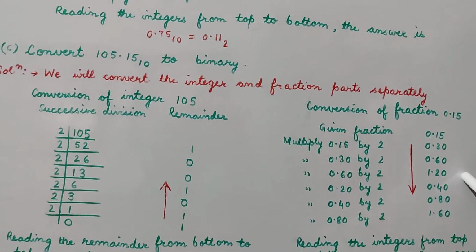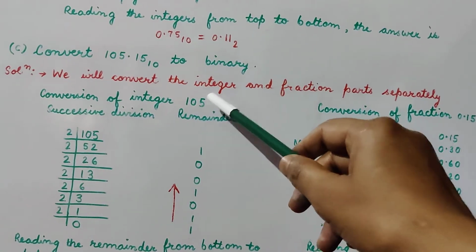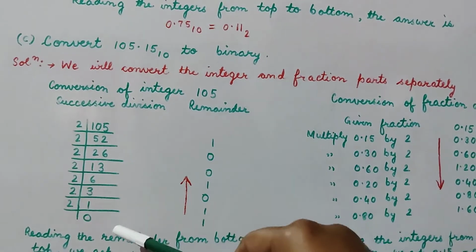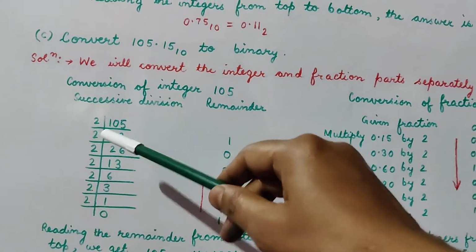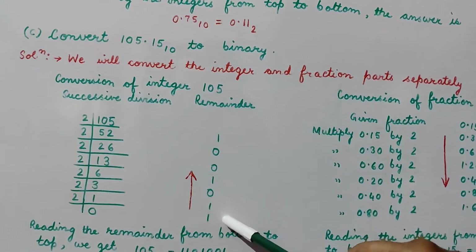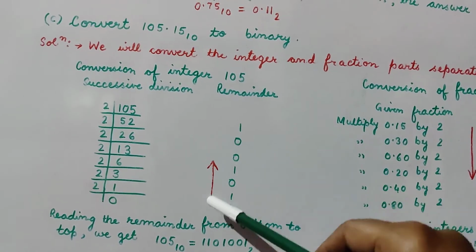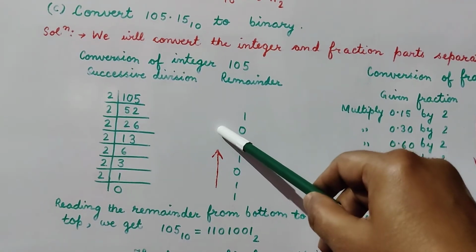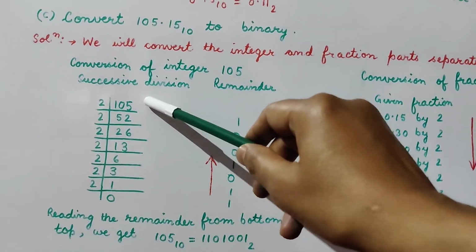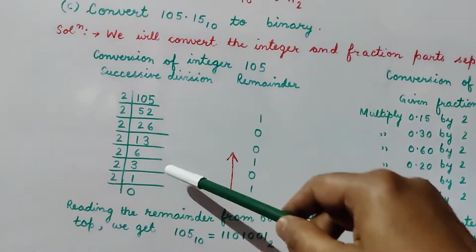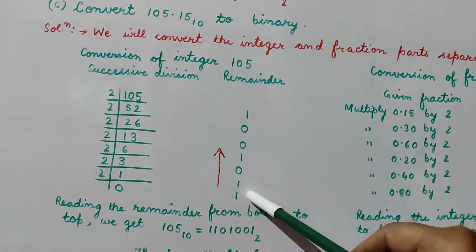So if we want to convert 105, then we will successively divide 105 by 2 and we will write the remainders in this column. And while reading the answers, we will read it from bottom to top. So if we go on dividing 105 successively by 2, we will get the remainders as shown here.